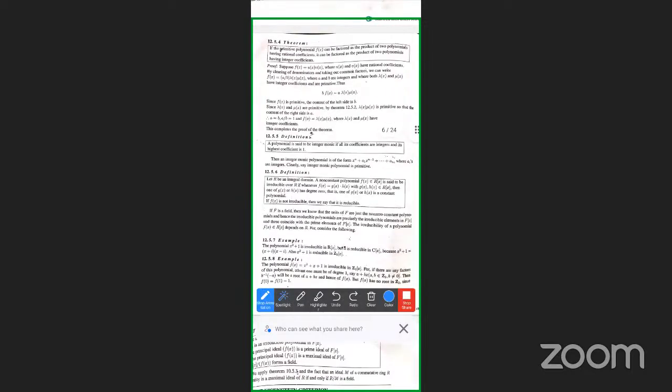The next definition: let R be an integral domain. A non-constant polynomial f(x) belonging to R[x] is said to be irreducible over R, an irreducible polynomial, if whenever f(x) = g(x) h(x) with g(x), h(x) belonging to R[x], then one of these two polynomials has degree 0.